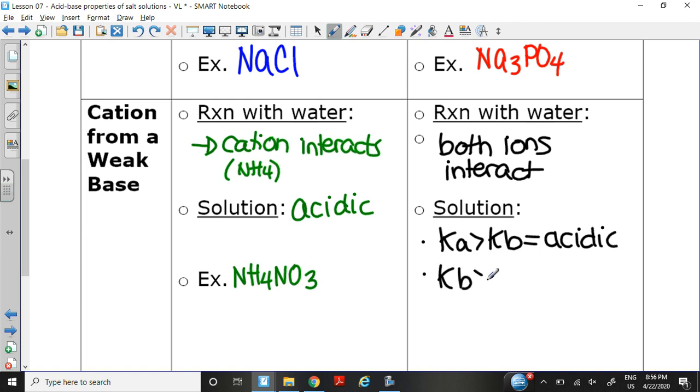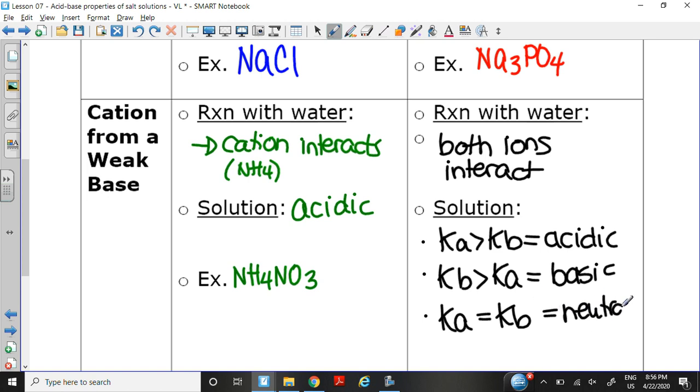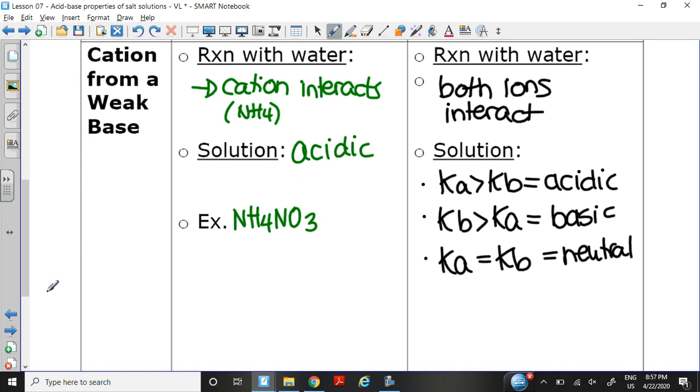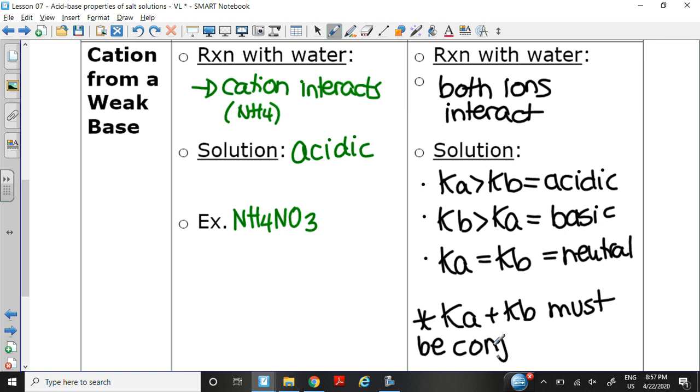If Kb happened to be bigger than Ka, we didn't see this, but if that was the scenario, it would be basic. You could also encounter a place where they're both equal. That would give you a neutral solution, although that's probably not very likely to happen. And just a reminder here, Ka and Kb must be conjugate pairs. That's the only way this is going to work.